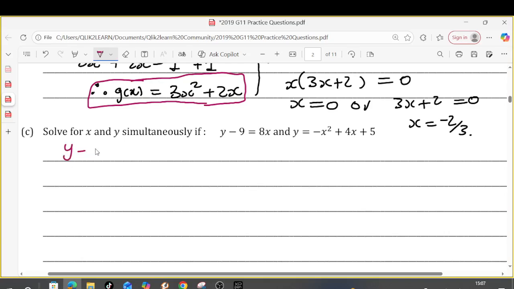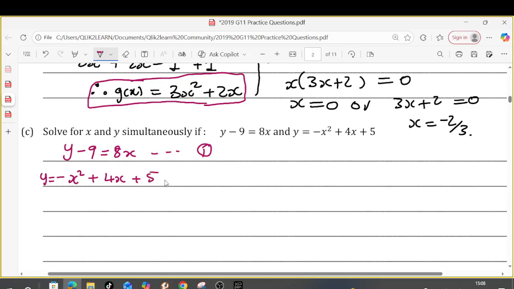As you can see, y minus 8x is equal to 9. That's going to be my equation 1, because it's going to be easy for me to make one variable the subject of the formula. And then minus x squared, y is equal to minus x squared plus 4x plus 5.